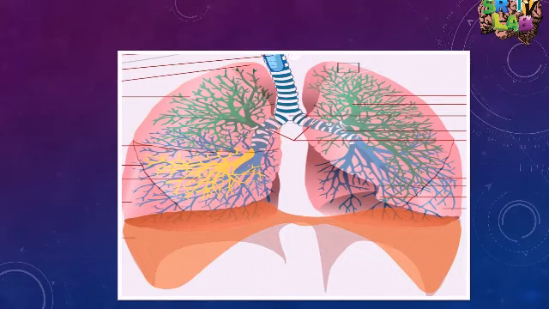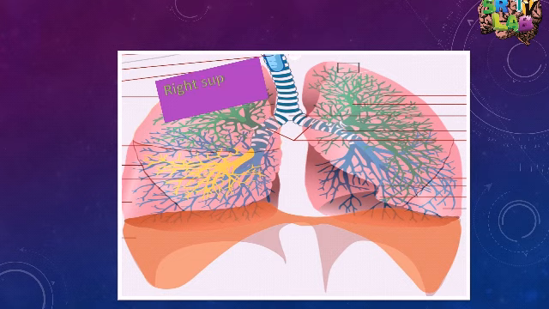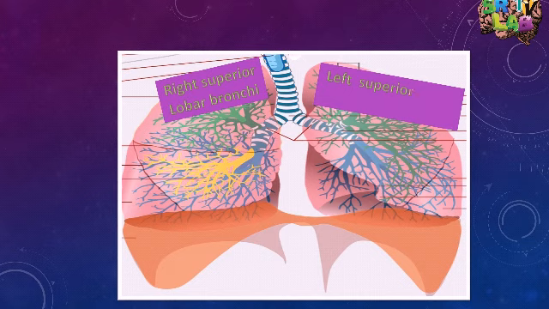Good. Here in our lungs, we see some of the parts that are in green color. Let's start with the right one. Here are the right superior lobe bronchi. Those are the bronchi in the superior lobe of the right lung. Then on the left, we see the left superior lobe bronchi.